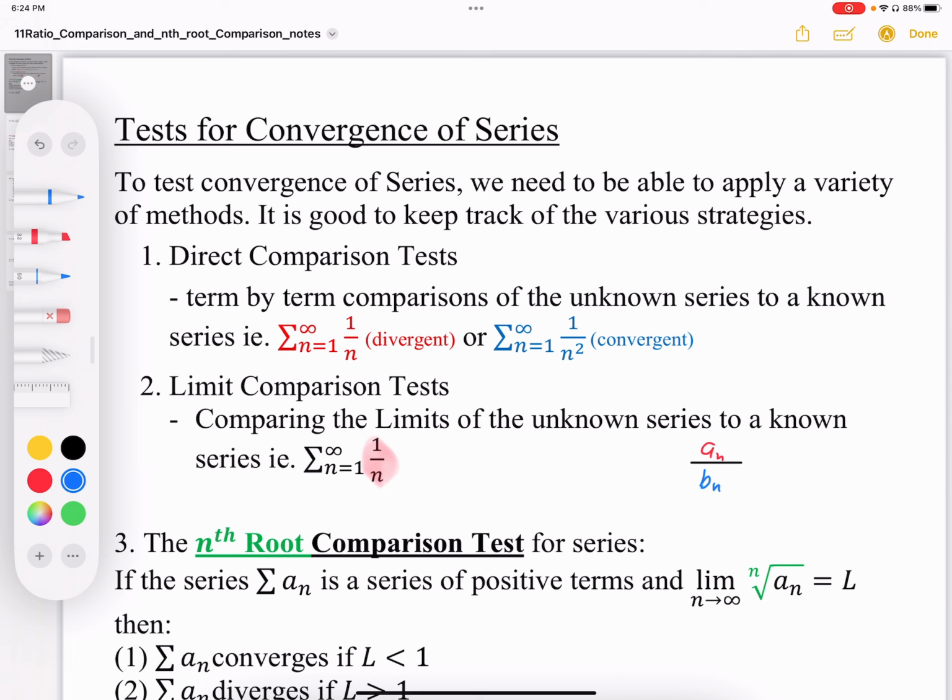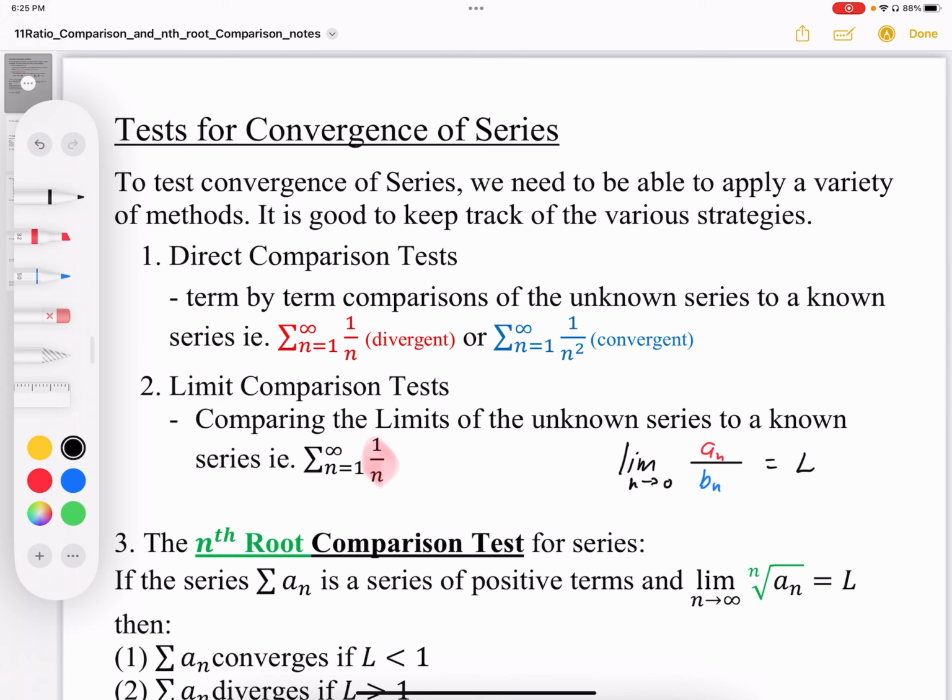What we want to see is that if we take a limit as n goes to infinity, and these terms approach some limit, that tells us these two sequences behave the same, and so the series will also behave the same.